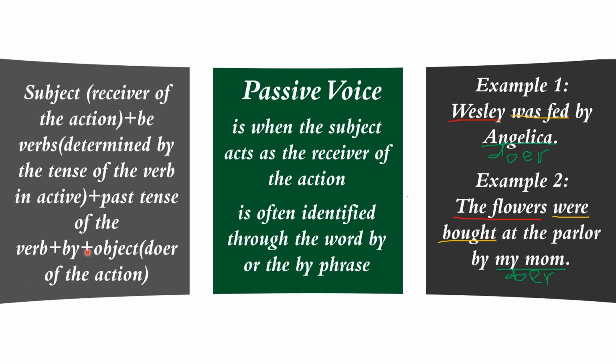The second to the last one is the presence of the word "by". You can see that both sentences contain the word "by". And the last one is the doer of the action, which are labeled and underlined: Angelica and my mom.